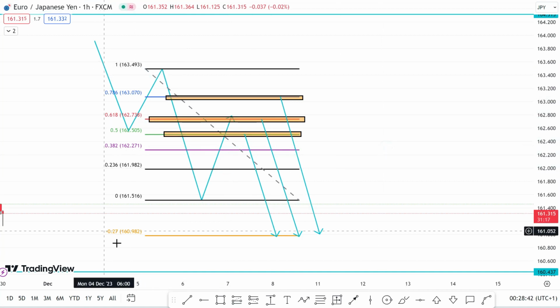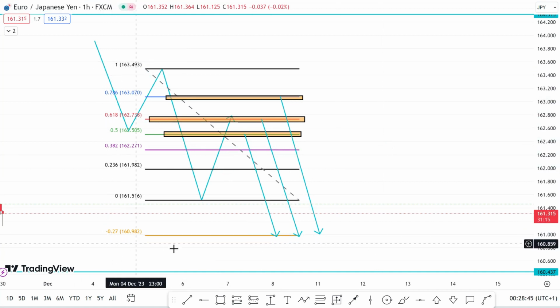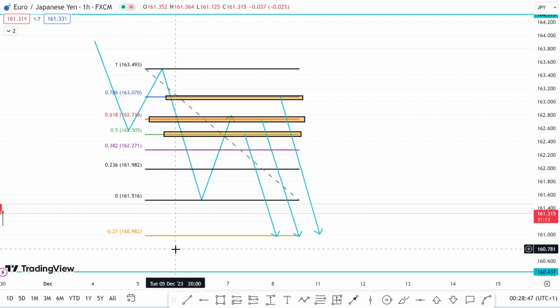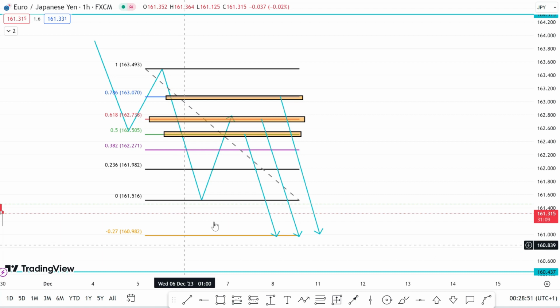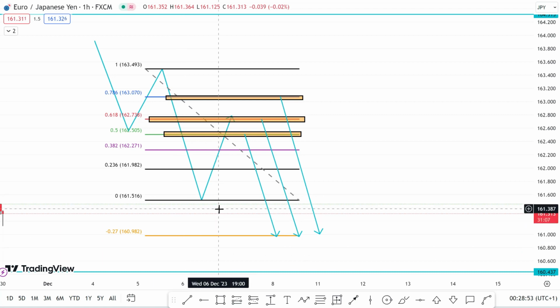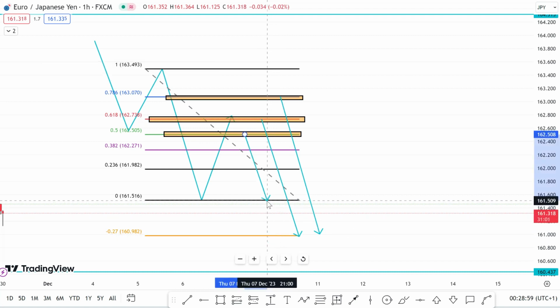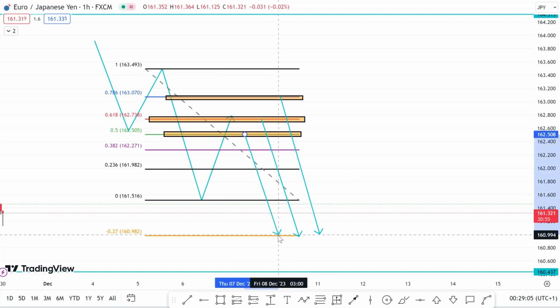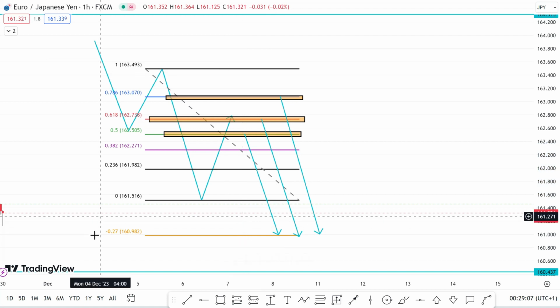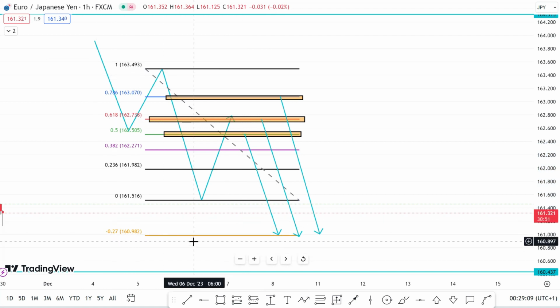And notice that I'm taking my profit at the minus 0.27. That is where I'll be taking my last profit, and I'll be closing 80% of my position once I see price coming back to 0%. Then I will hold the remaining 20% up until price gets to minus 0.27.